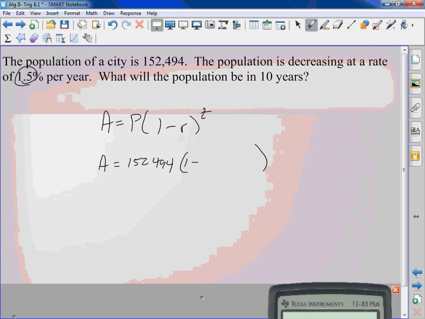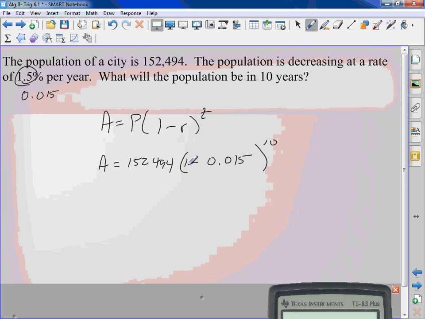That 1.5% has to be written as a decimal. 0.015. Why? The percent in decimal form is 0.015. Move the decimal place over 2 spots. And my T is 10.